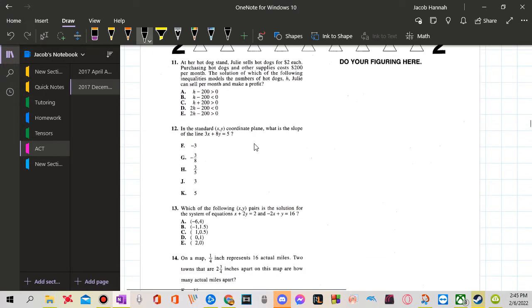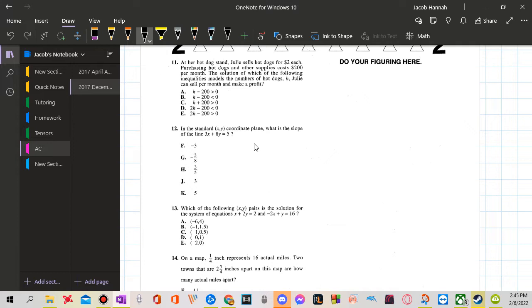At her hot dog stand, Julie sells hot dogs for $2 each. Purchasing hot dogs and other supplies costs $200 per month. The solution of which of the following inequalities models the number of hot dogs H Julie can sell per month and make a profit? Alrighty.